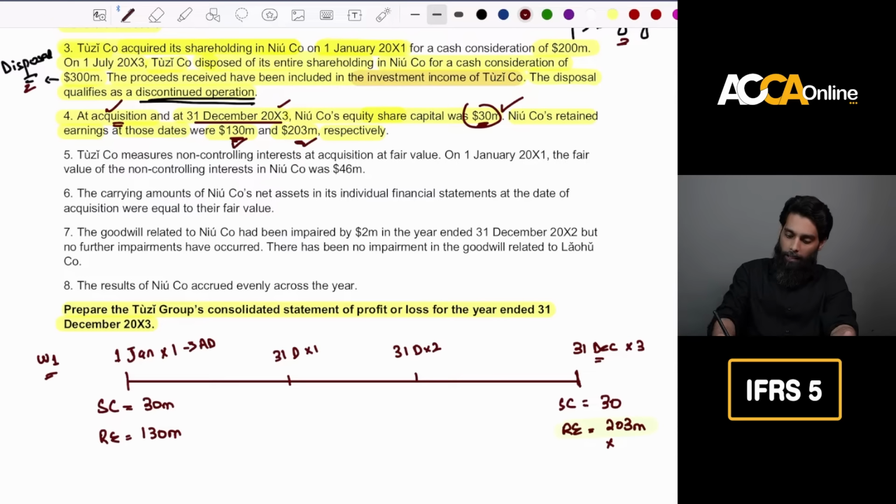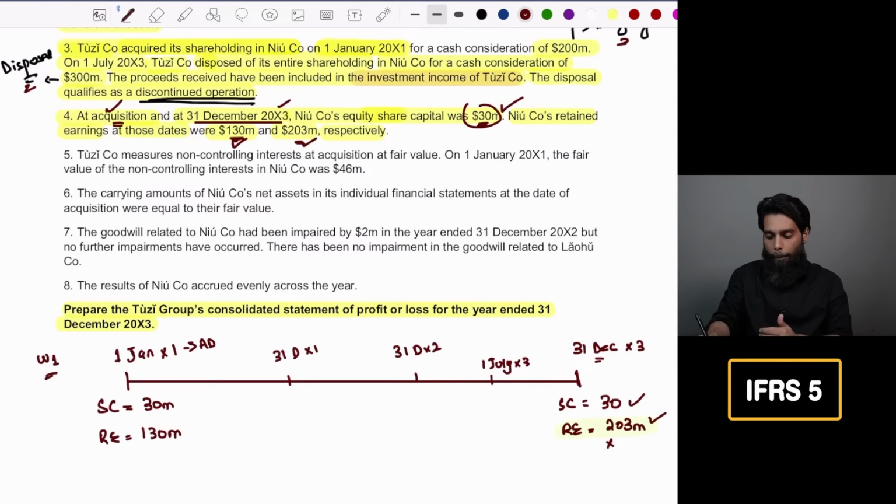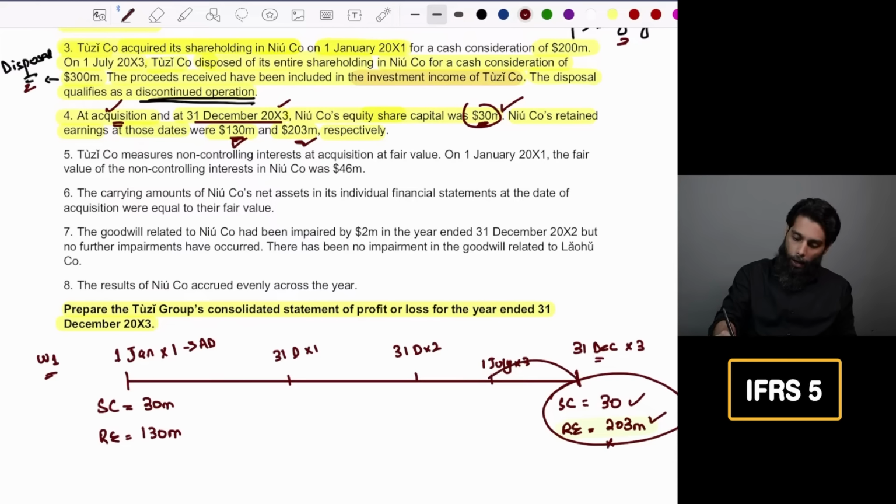Because we eventually disposed of the entity 6 months down the road, on 1st July or 30th June X3. So technically speaking, I don't need the share capital, retained earnings or net assets of this date. Rather, I want the net assets on the disposal date because I'll have to calculate gain or loss on disposal.